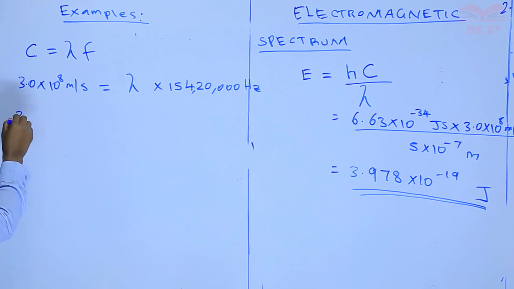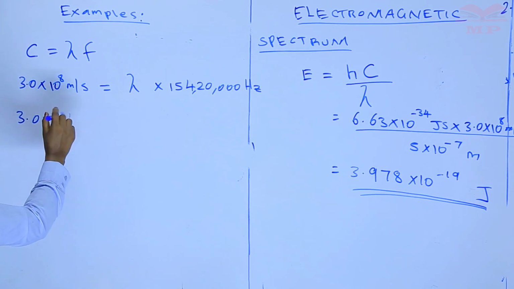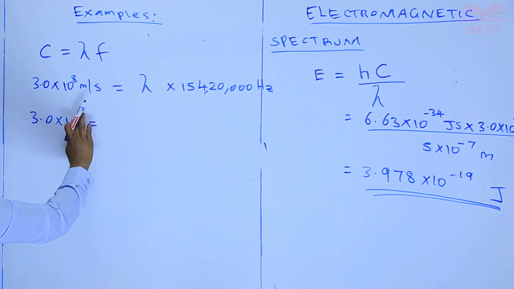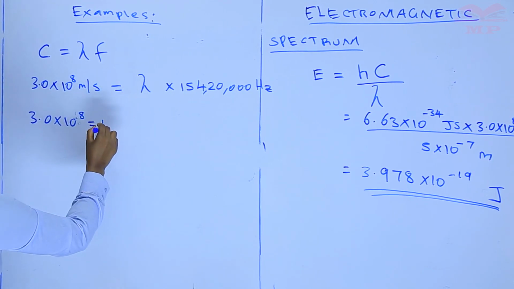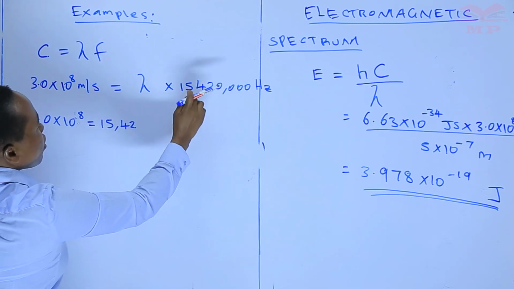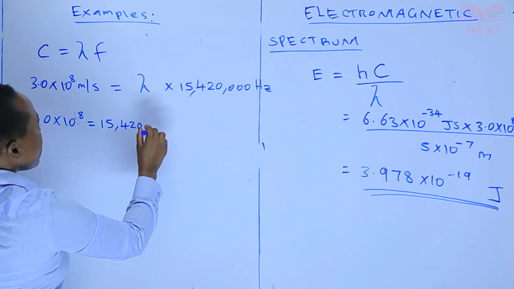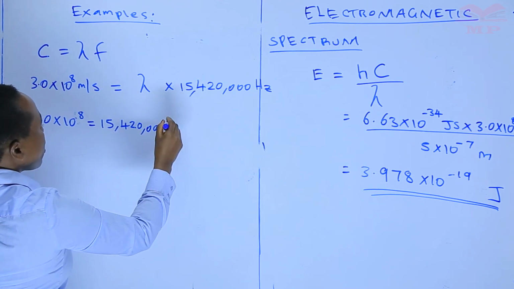So we have 3.0 times 10 power 8 being equal to 15,420,000 multiplied by lambda.